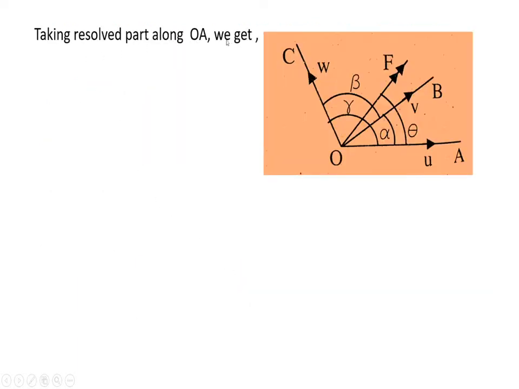Taking resolved part along OA, we get F cos theta equal to u cos 0 degree plus v cos alpha plus w cos gamma, because u makes angle 0 degree with u, v makes angle alpha with u, and w makes angle gamma with u.